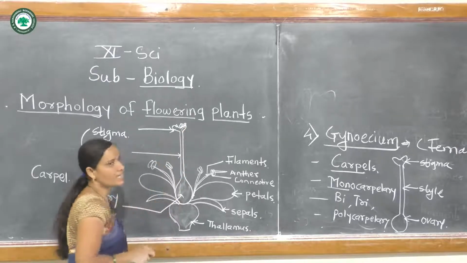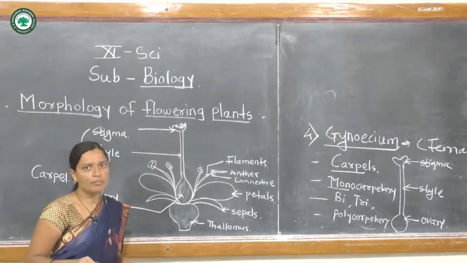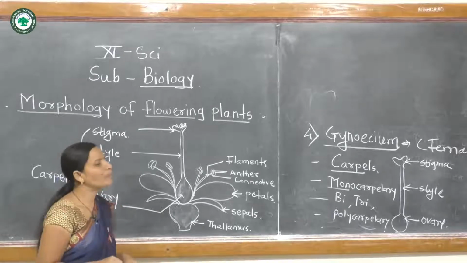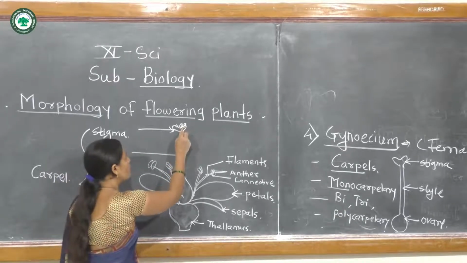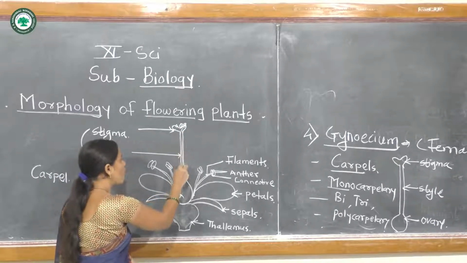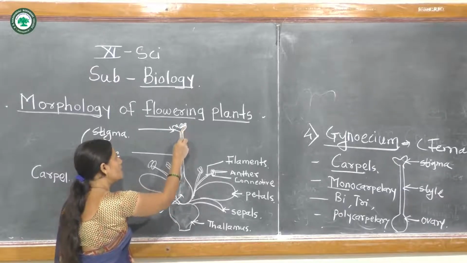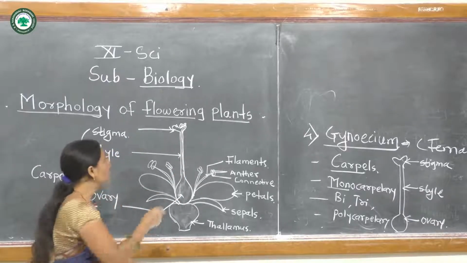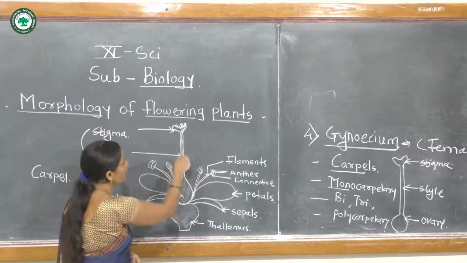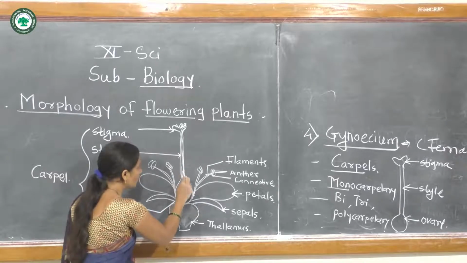These pollen grains germinate on the stigma and form pollen tubes. A long, elongated pollen tube is formed and is transferred through the style into the ovary.